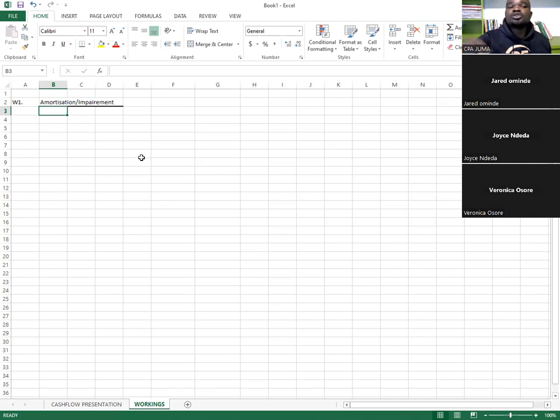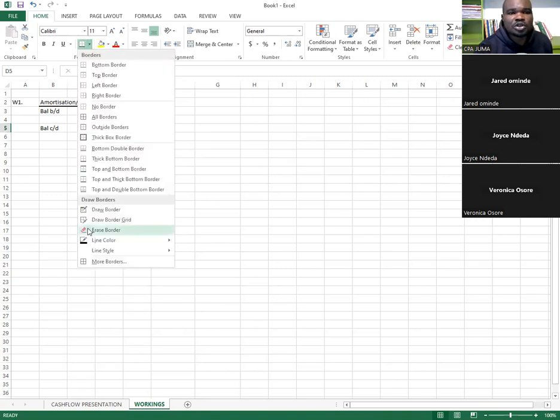You can even write is equal to this minus this, whichever way you want. But me, I'll say balance brought down. So the balance brought down was 50. Then you skip one line, then you say balance carried down is 40.